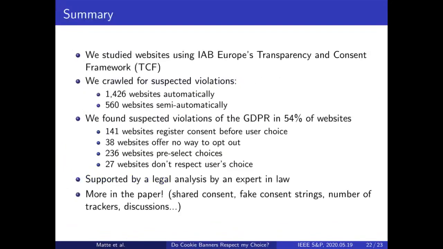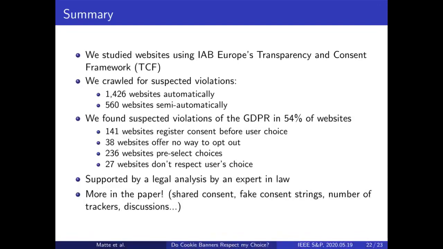So, as a conclusion, let's sum up the talk. We studied websites using IAB Europe's Transparency and Consent Framework. We crawled 1,426 websites automatically and 560 websites semi-automatically, and we found violations of the GDPR in more than half of them.